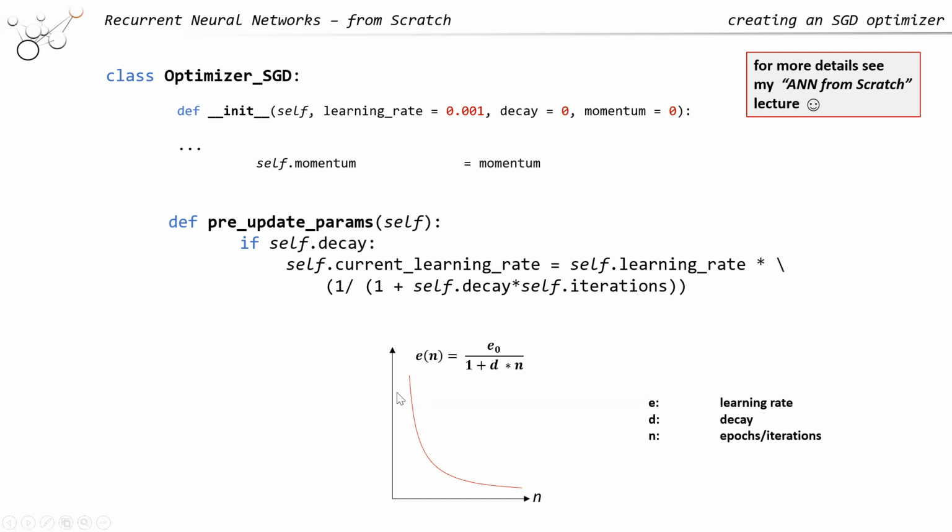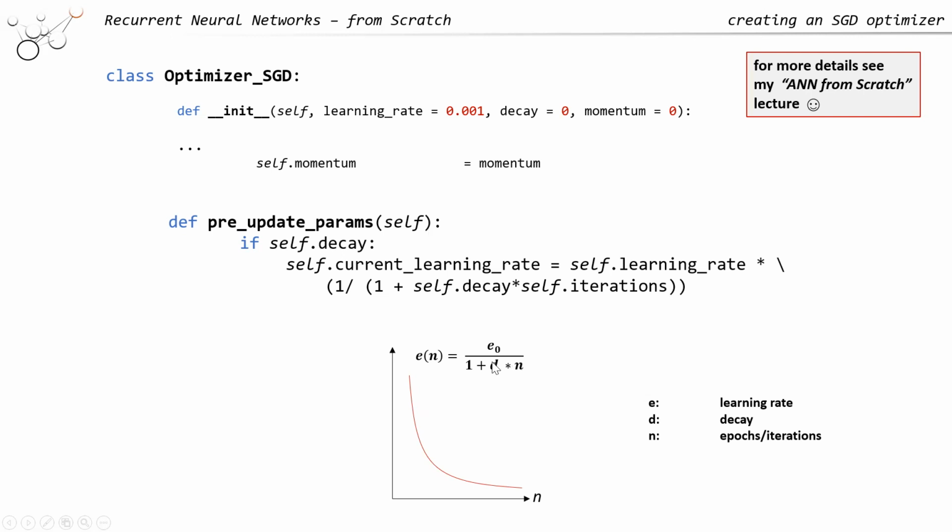So that's the idea then, that we avoid this, that we start with a larger learning rate, and the learning rate is getting smaller over the course of the different epochs. So if n is the number of epochs, it's usually a function that's 1 over n, so that you have a 1 over x-like function.